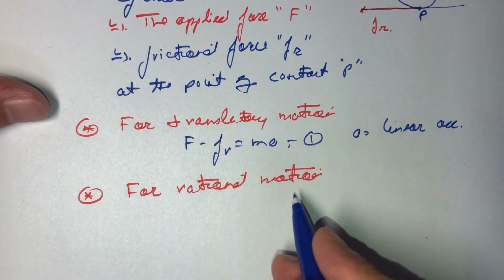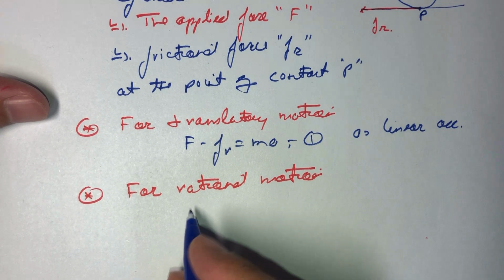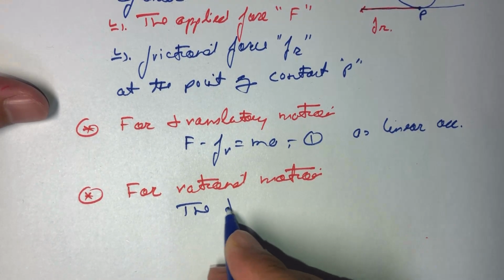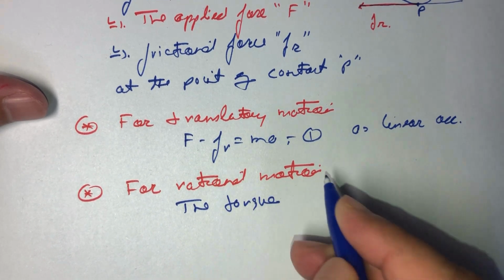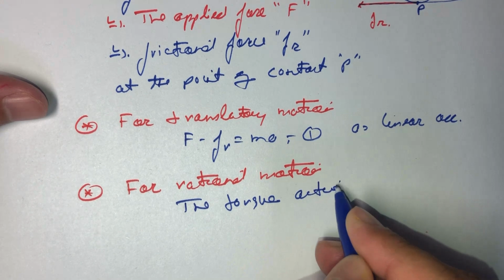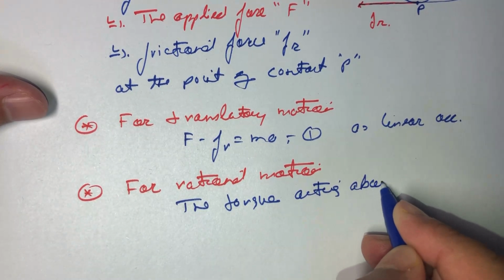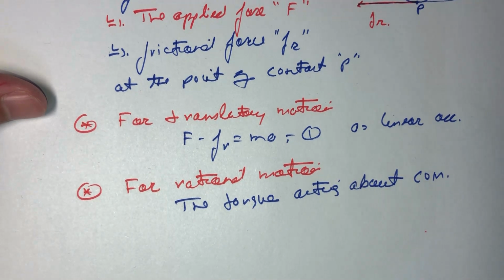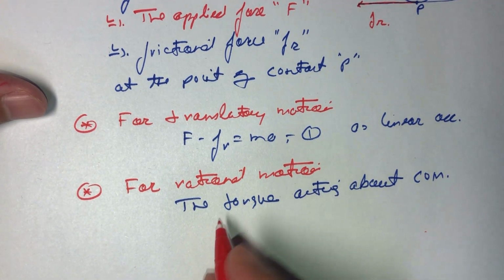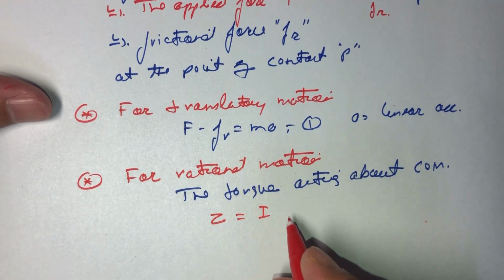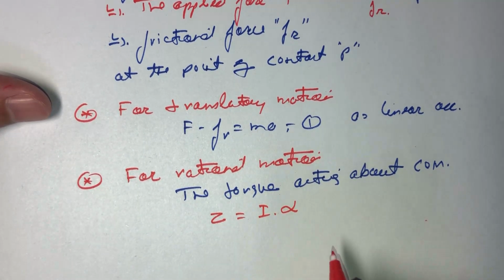So we can say the net torque acting about the center of mass, tau is equal to moment of inertia multiplied by alpha, that is angular acceleration.